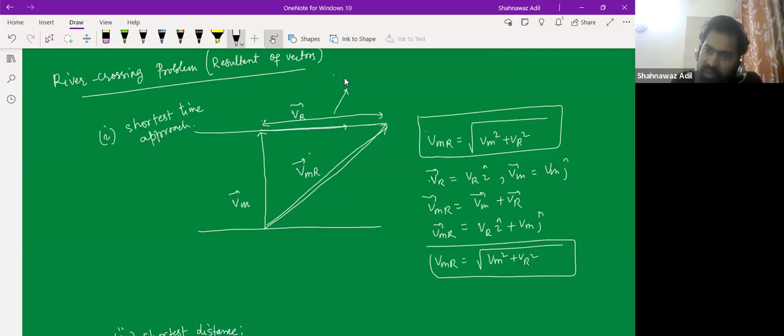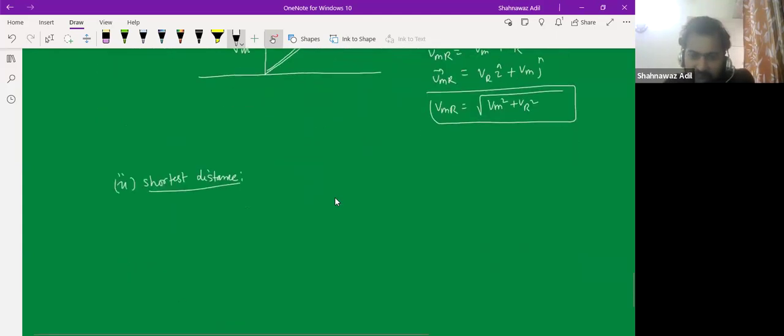This is called the drift distance. This much the man has drifted due to the flow of the river. And this drift distance is only dependent upon the river. So the drift distance is simply VR into T.